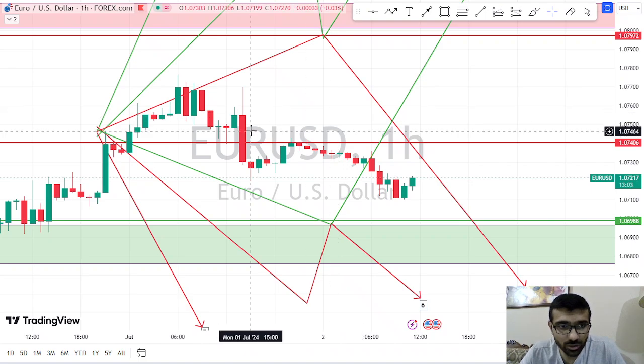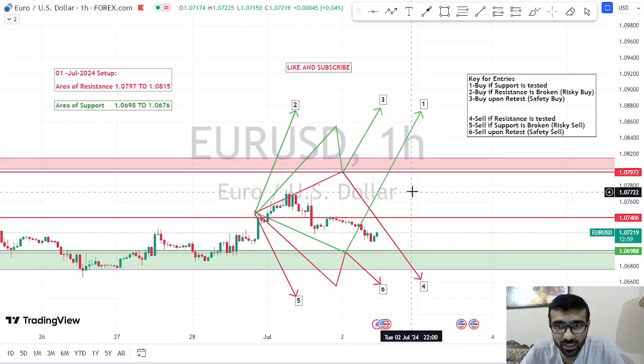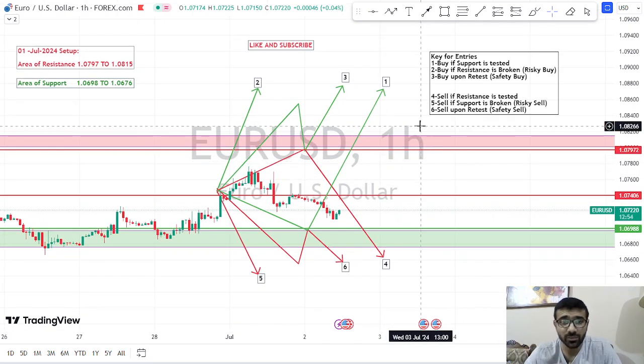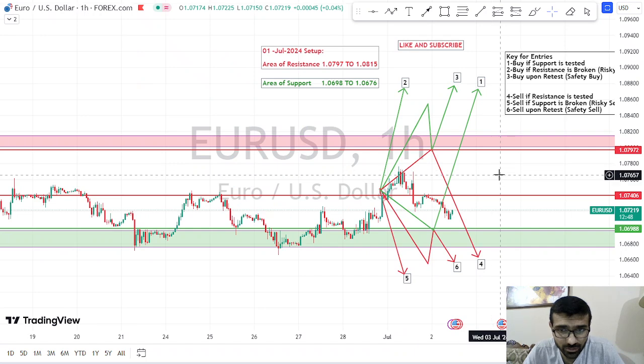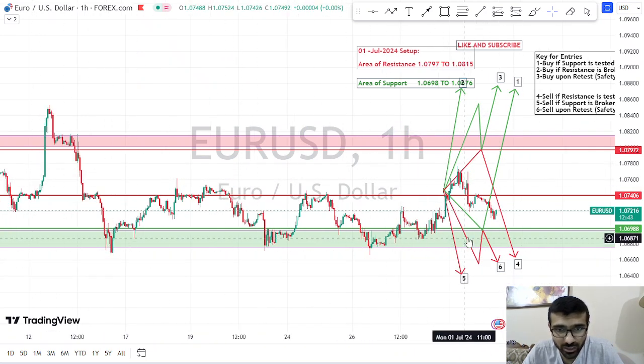Now let me move forward these scenarios for you guys, so you can easily take trades in this Euro versus USD pair for today, which is the 2nd of July. Let us see the market in the longer term. The market is totally sideways, and the market is accumulating.